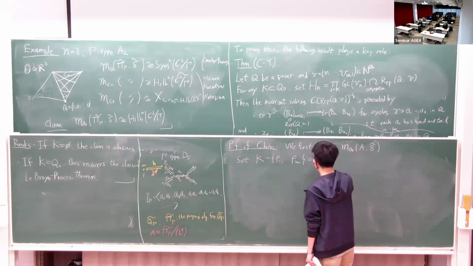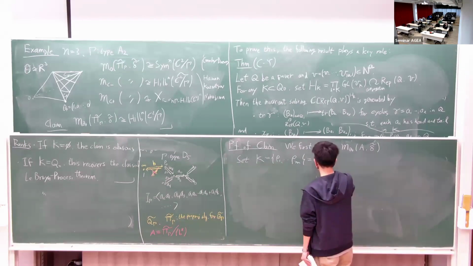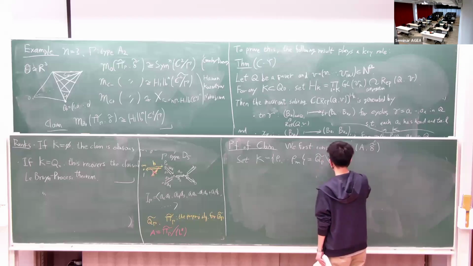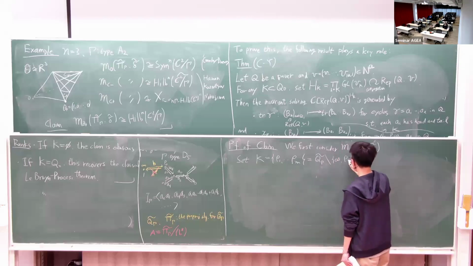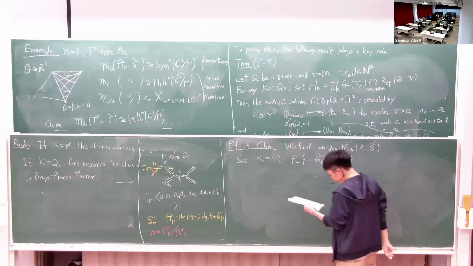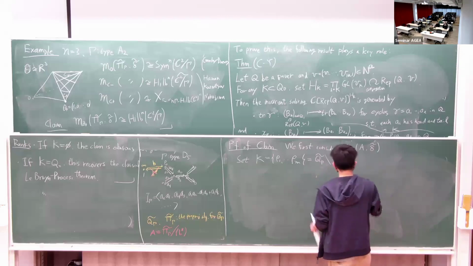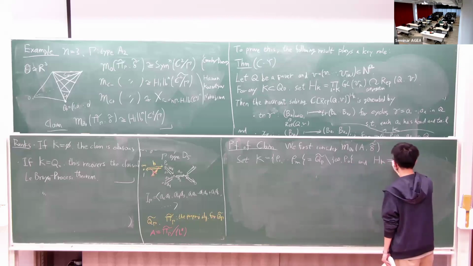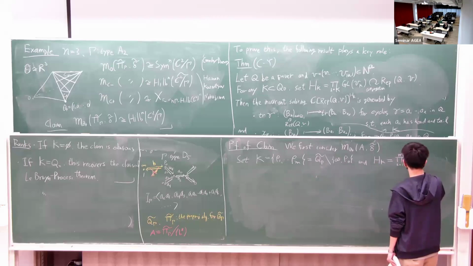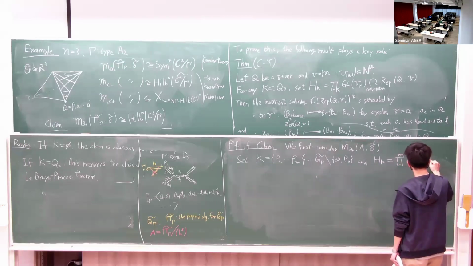In other words, this is the complement of the infinite vertex and the vertex corresponding to the trivial representation in Q gamma tilde. And also consider the corresponding group HK. In this case, this is the product of GL delta K for K from 1 to n.